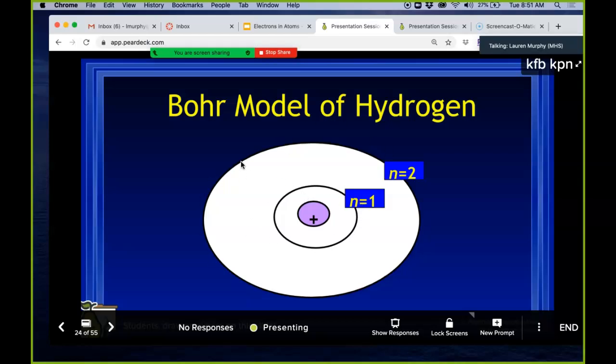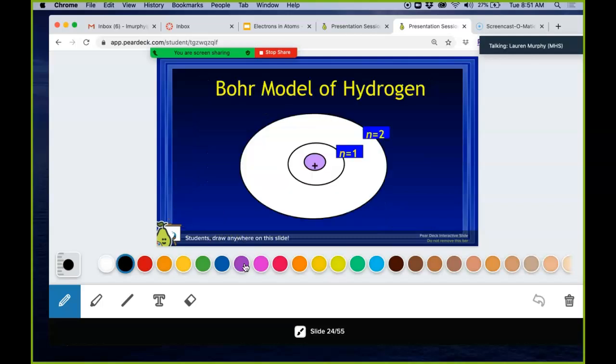These rings are called energy levels, and they're also represented by the letter n. n means energy level, or a fancy word you might see written around is quantum. These rings are where Bohr thought the electrons were located.